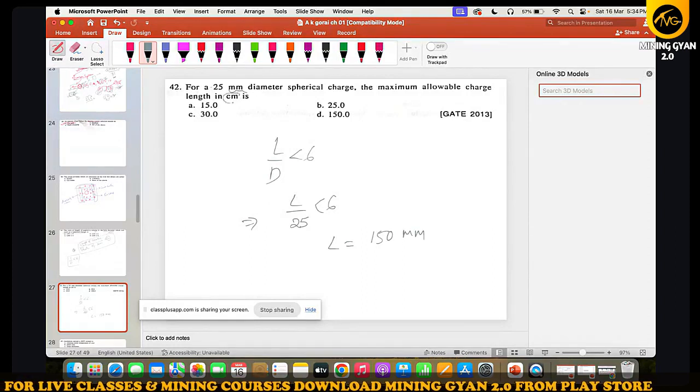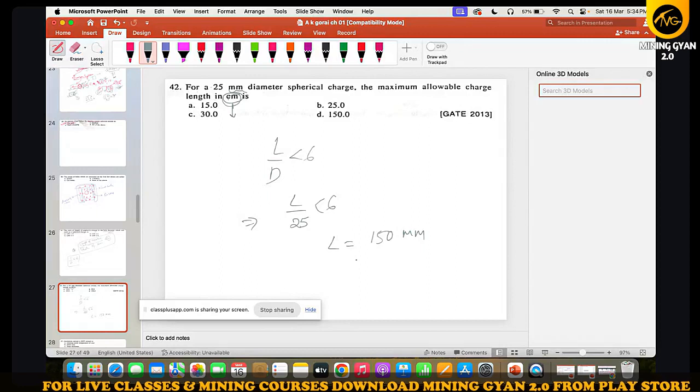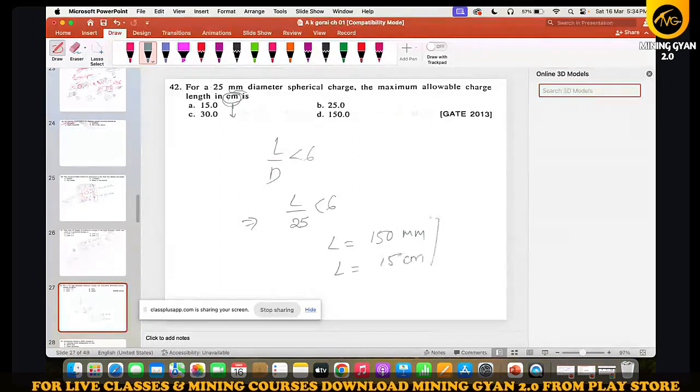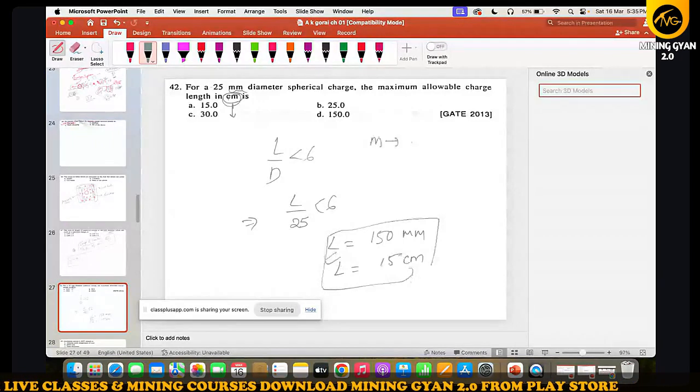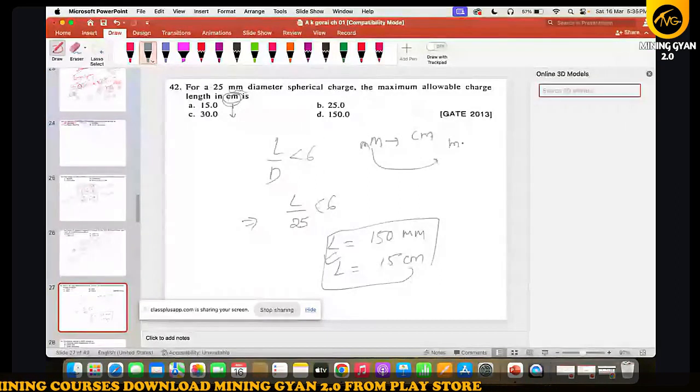He has asked us in cm. सेंटीमीटर में पूछा है, to convert it to centimeter divide by 10, so it will come in centimeter. Whichever unit they ask for, write it. So you should know how to convert mm to cm, how to convert mm to meter. Okay, you should know.